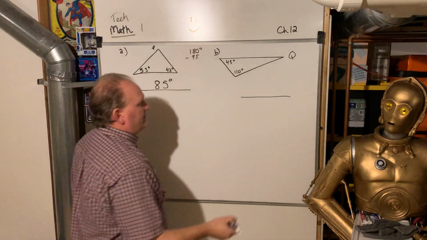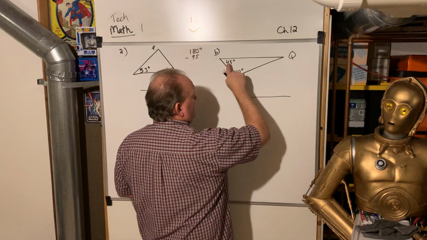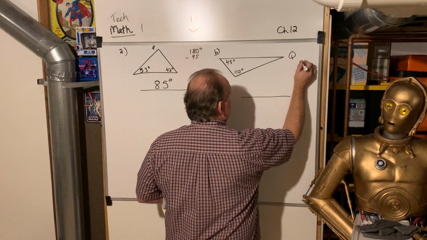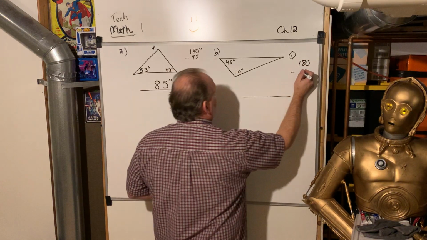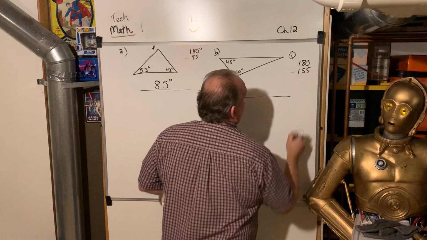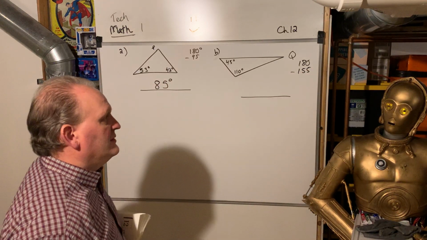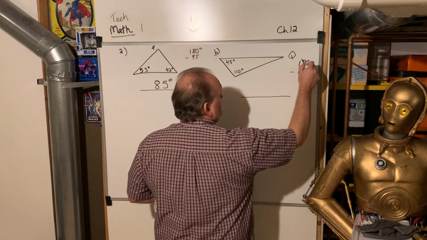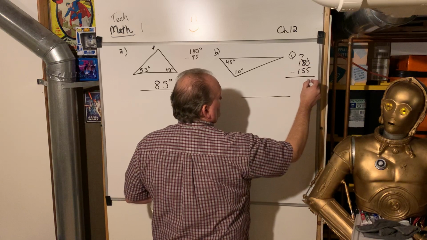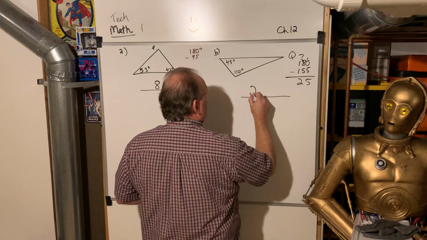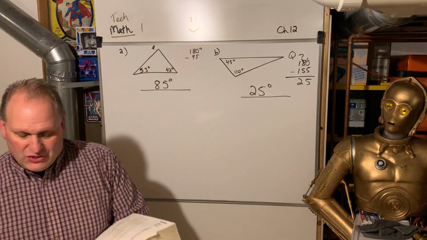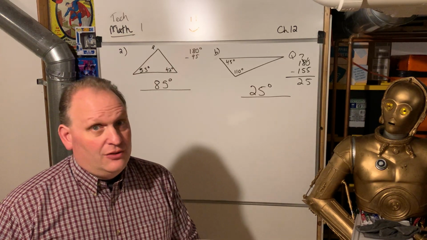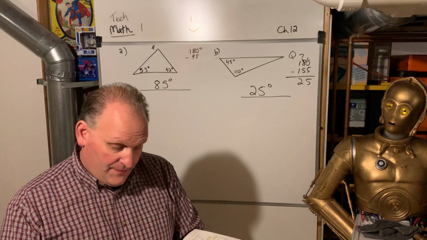Same with this: if they give you 110 and 45, you add those together and take it away from 180. 155 away from 180, we'd have to borrow, so 25 degrees. So if you have two angles of a triangle given, you actually have all three angles.